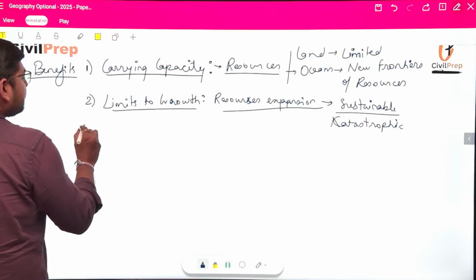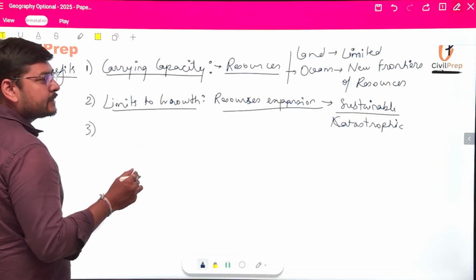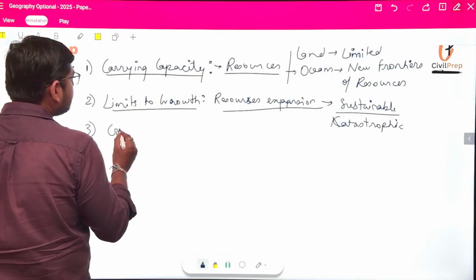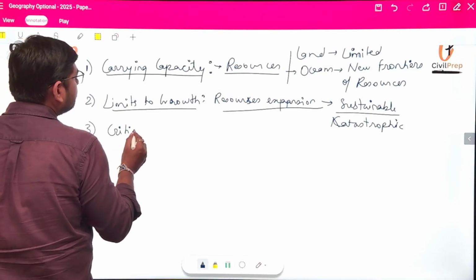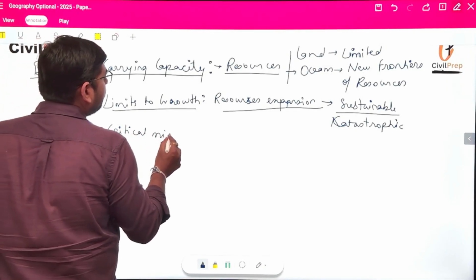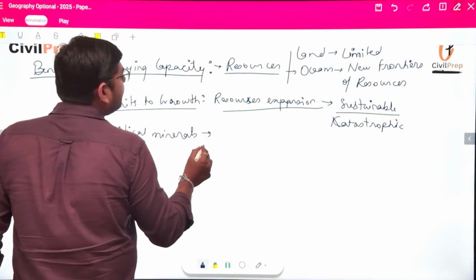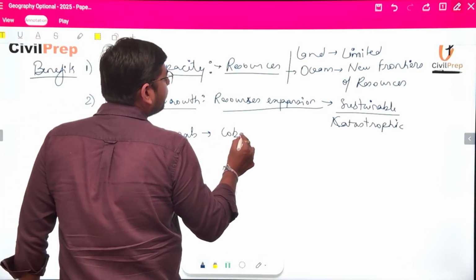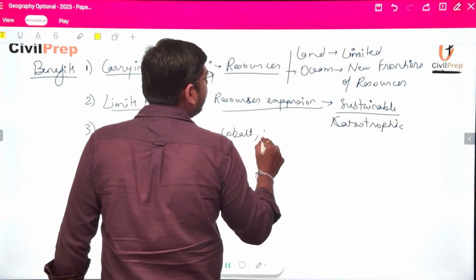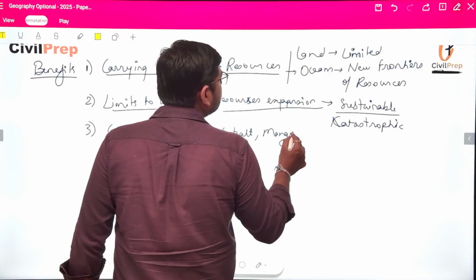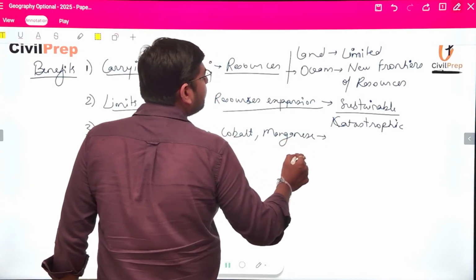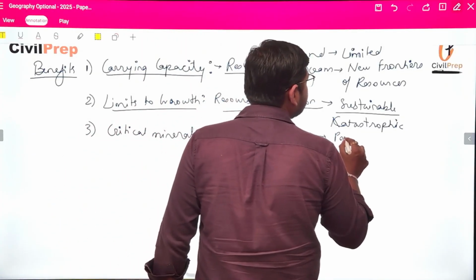Then, among the benefits, there is the requirement of certain critical minerals, like cobalt and manganese. These are found in the form of polymetallic nodules.